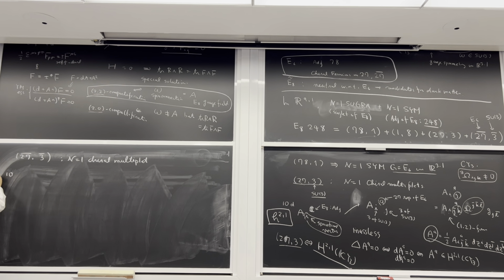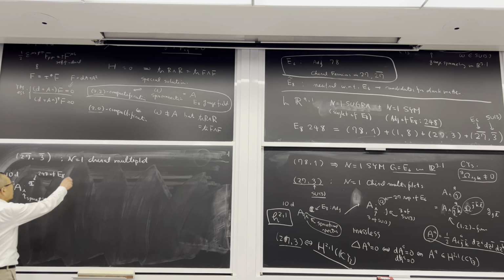You start in 10 dimensions with a gauge field transforming in the adjoint, that is the 248 of E8, and this is the space-time index. Just like before, we are interested in counting chiral multiplets, so you ask how many of these are massless modes in 4 dimensions when I goes into the internal Calabi-Yau direction.